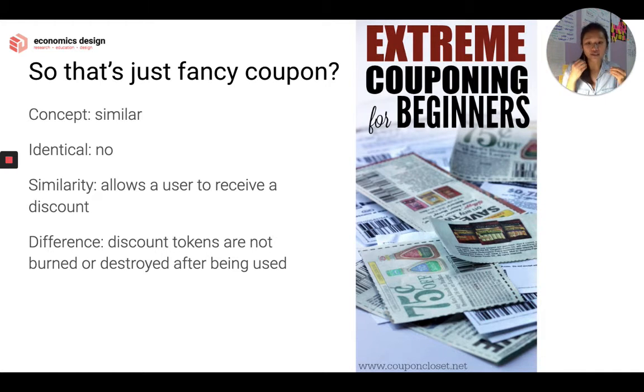So that's the concept of it not being destroyed, not being burned. It allows you to tap into the ecosystem, as in it allows you to make purchases on the ecosystem, just like the medallion allows you to be driving on the road in New York and getting customers. So in that way, it's quite similar. And when you use it to drive your taxi, it's not taken away from you. In the same way, discount tokens are not taken away from you.